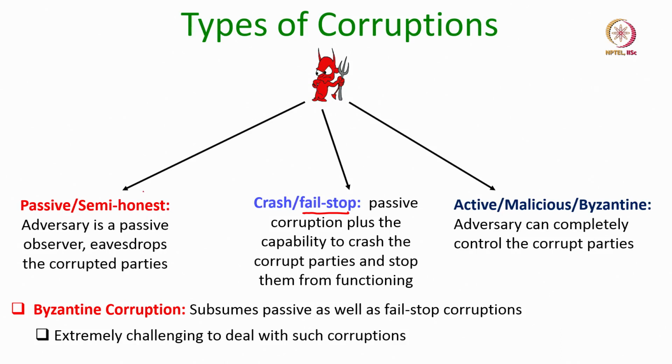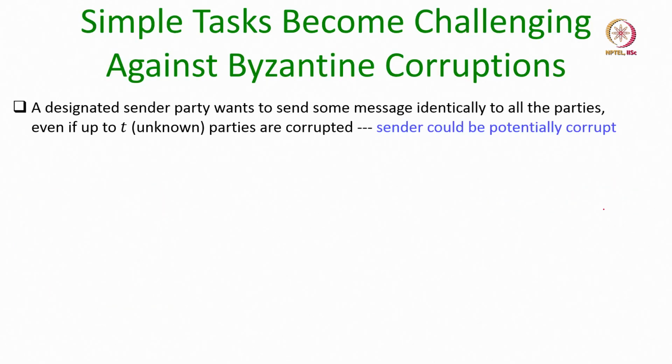In part 1 of the course titled Secure Computation Part 1, we only considered passive or semi-honest corruptions, but in this course we will consider MPC protocols tolerating the most powerful type of corruptions, namely the Byzantine corruptions.